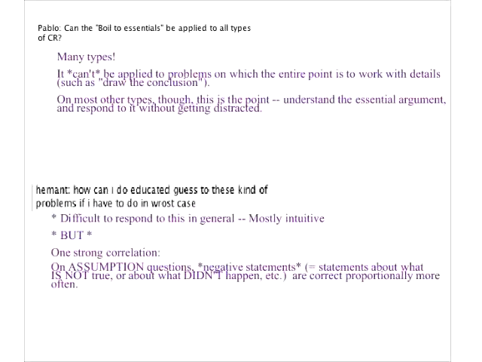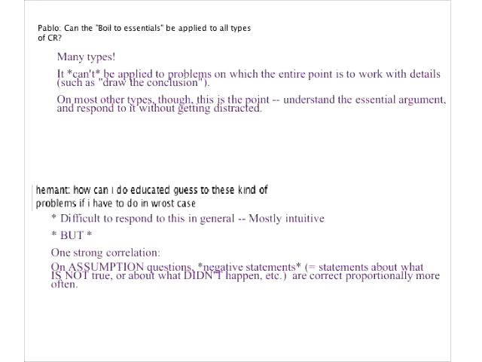This should make sense because whenever you make an argument, you always make a whole bunch of assumptions about what won't be true or what won't happen. So it stands to reason that a lot of assumption questions will have these kinds of things as correct answers.